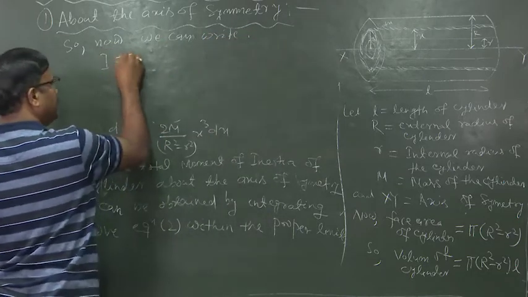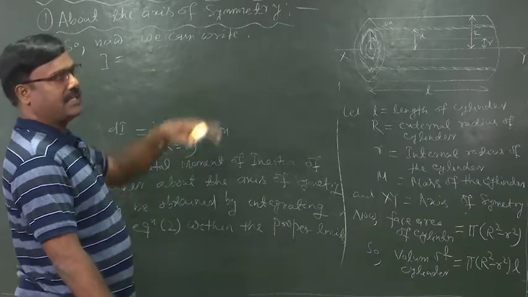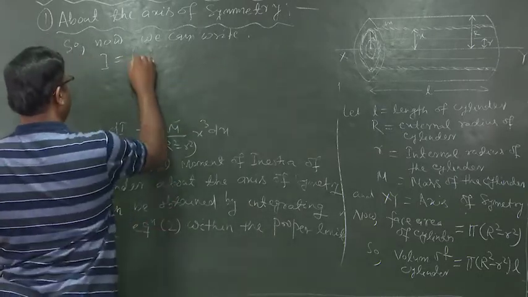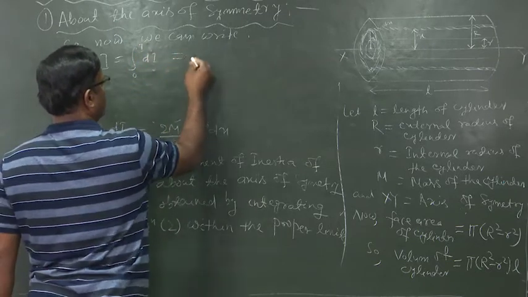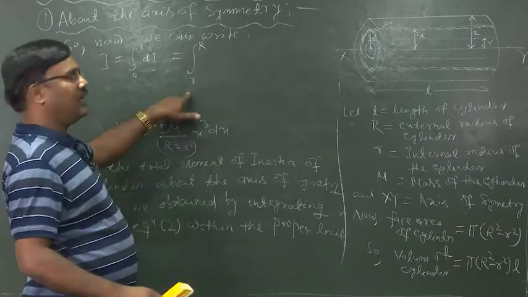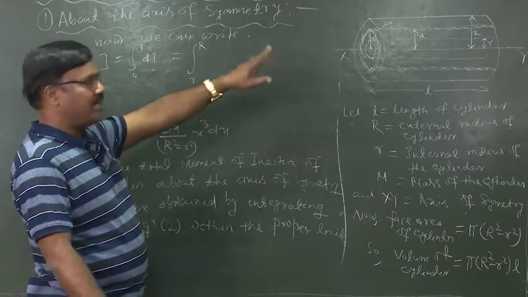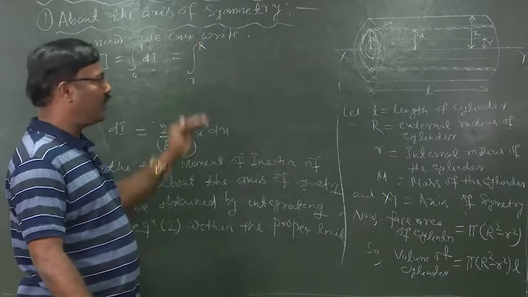I, which is the total moment of inertia of the cylinder about the axis of symmetry xy, is equal to the integration of dI, which is equal to the integration from small r to capital R, because small r is the internal radius of the cylinder and capital R is the external radius of the hollow cylinder.